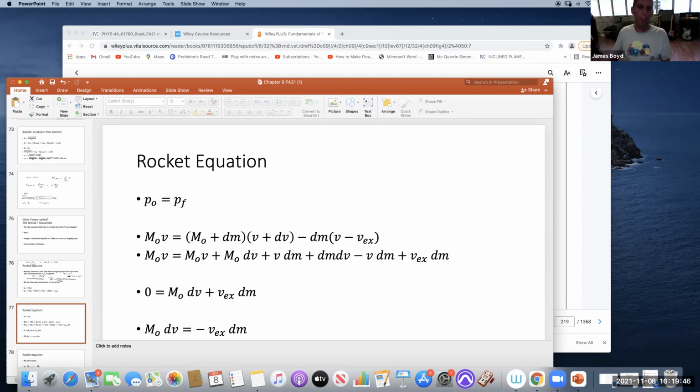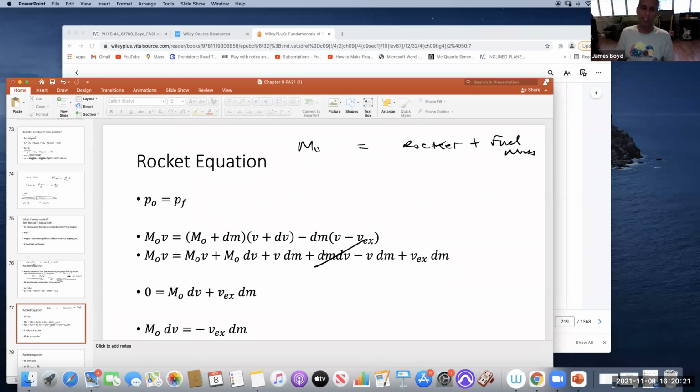But if we write the initial mass, which means m naught is rocket and fuel mass, the total initial, and then we start multiplying things: m naught v, m naught dv, v dm, dm dv, minus v dm, minus v exhaust dm. A couple of things here that we're going to be a little creative on. This is a very small mass times a very small velocity.